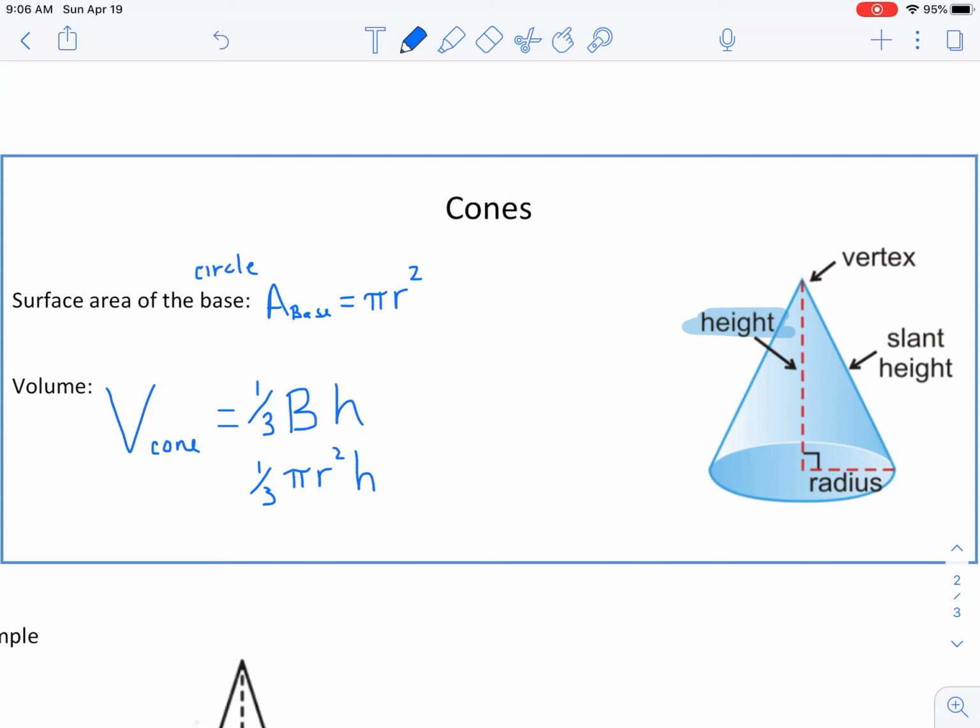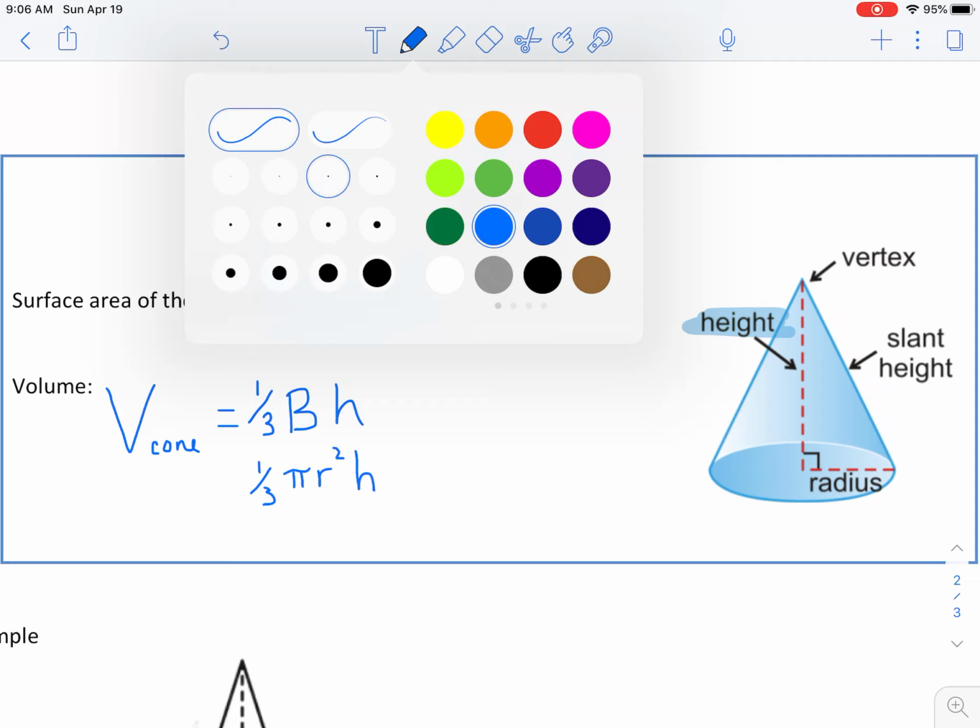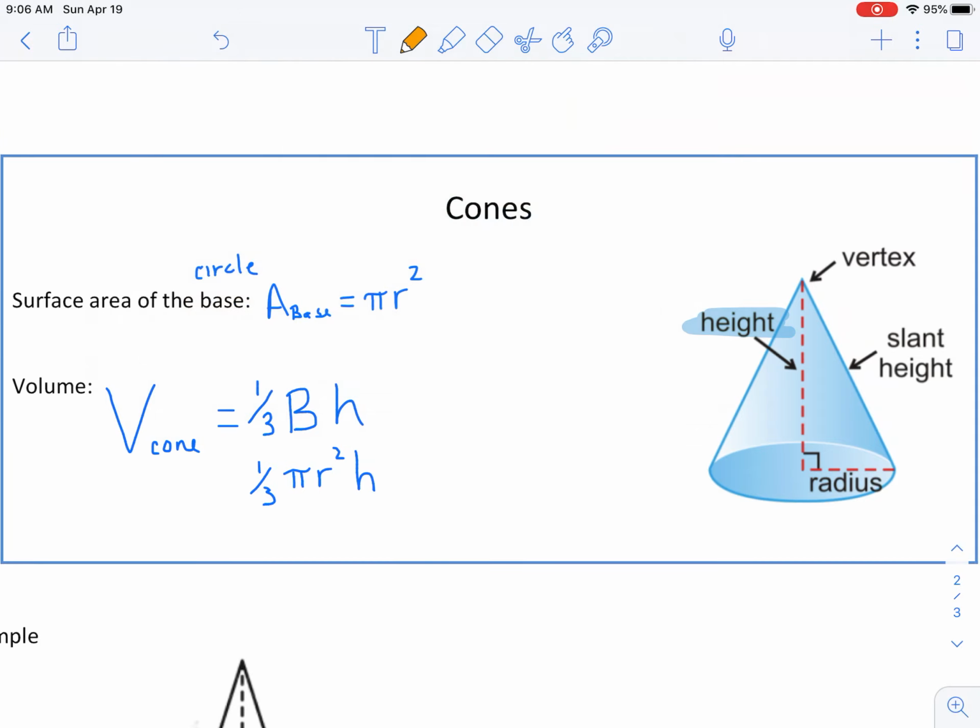But it turns out the volume of a cone is just 1/3 of a cylinder. So if you picture this being a cylinder instead, it turns out the cone only fills up 1/3 of the space of the cylinder.